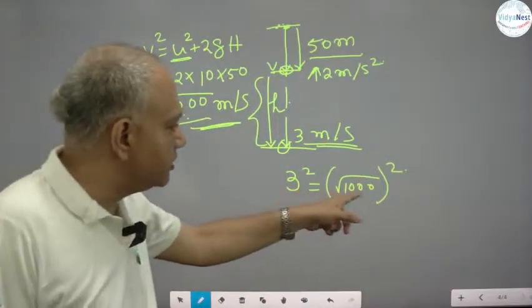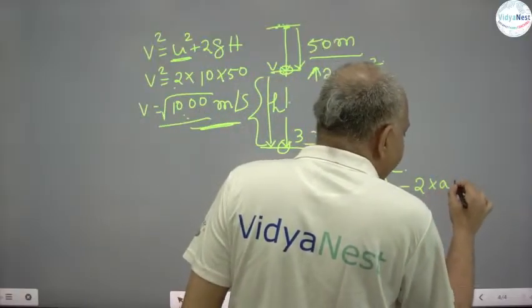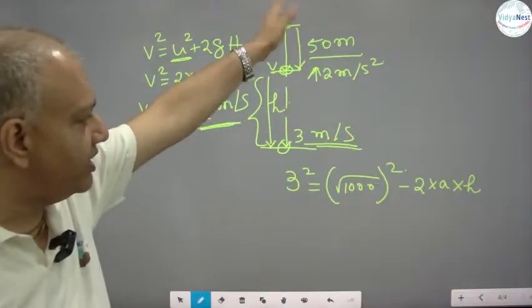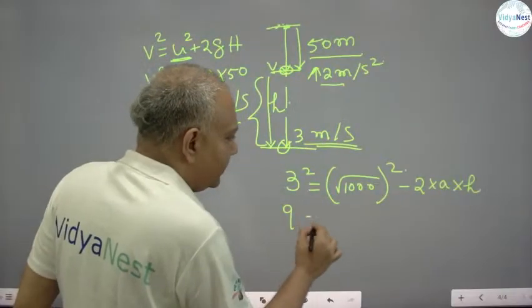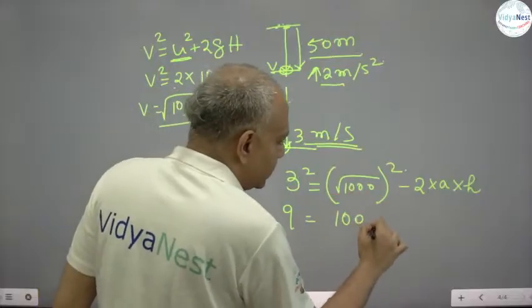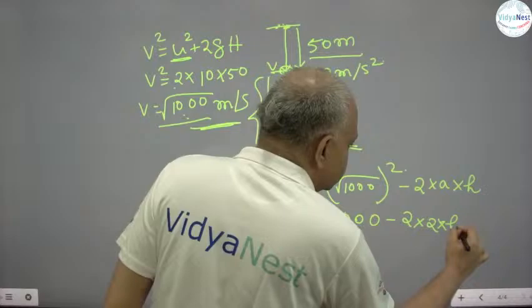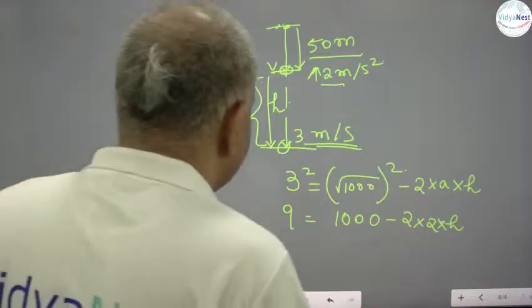So v square is equal to u square minus 2ah. What is this a? Retardation in the upward direction. What is the value? It is 2. So 3 square is 9, equals 1000 minus 2 into 2 into h. Children, are you understanding my point or not?